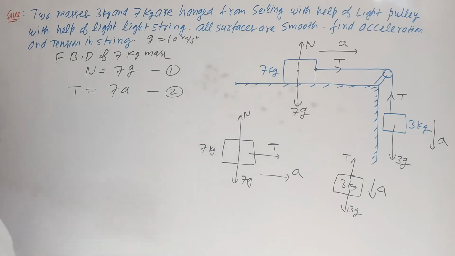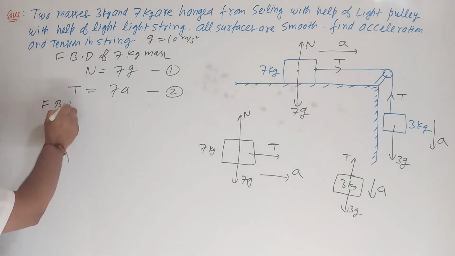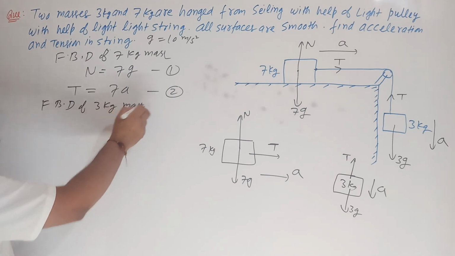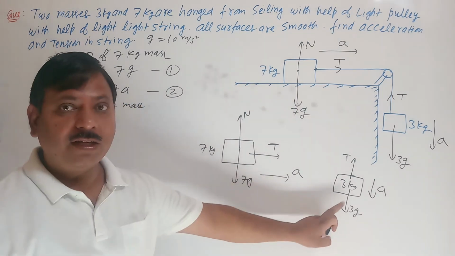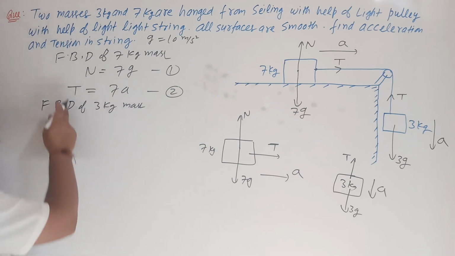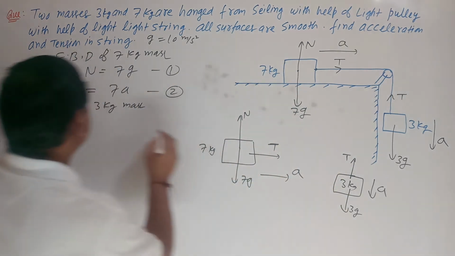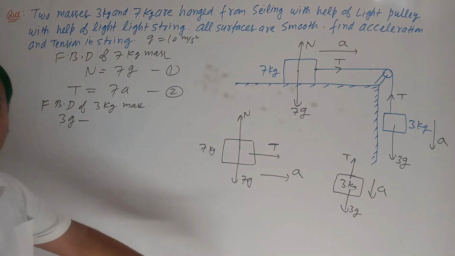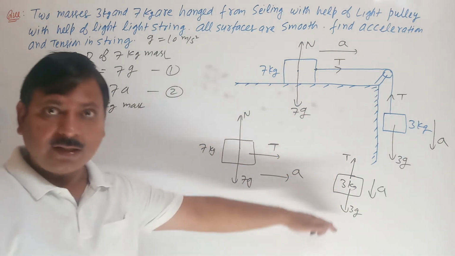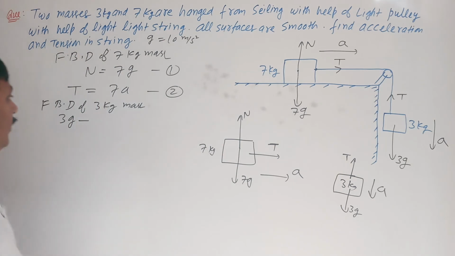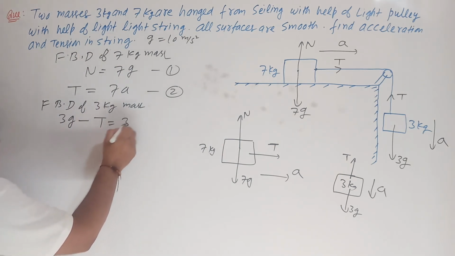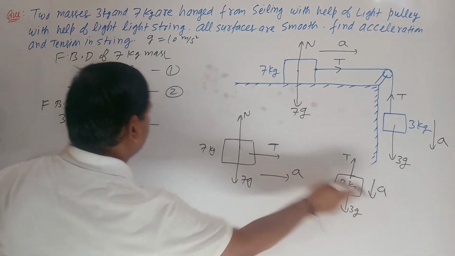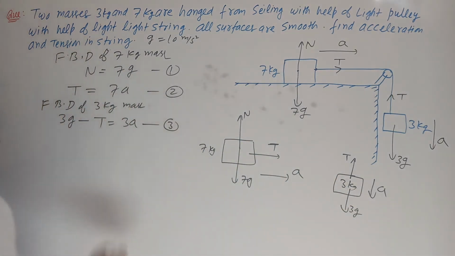The net force, the FBD of the 3 kg mass, we have shown here. 3g minus T: 3g is more than tension, so acceleration will be downward. 3g minus T is equal to 3a, mass into acceleration. This is equation 3.